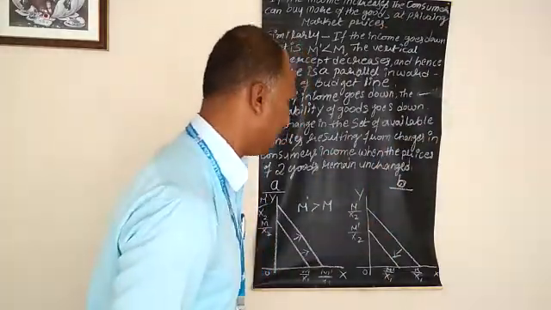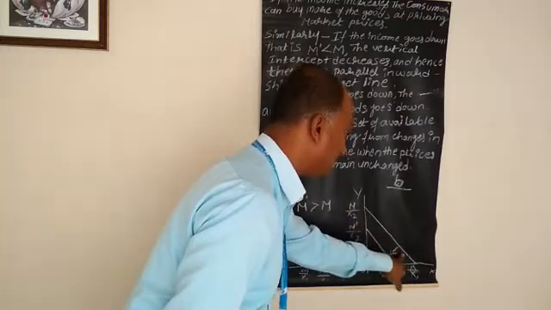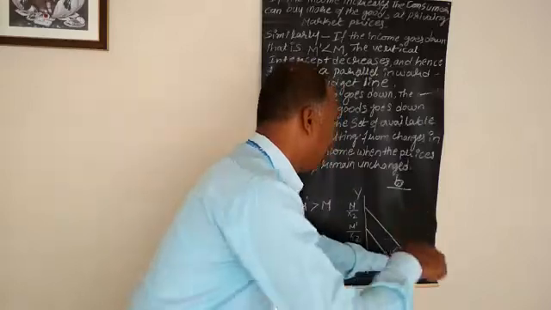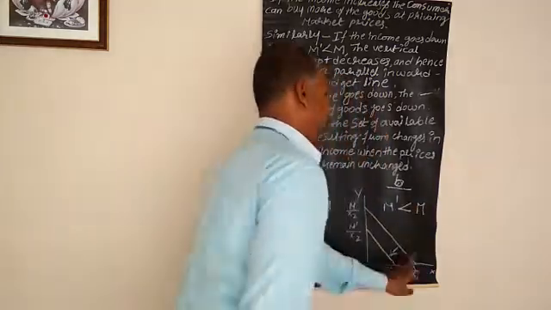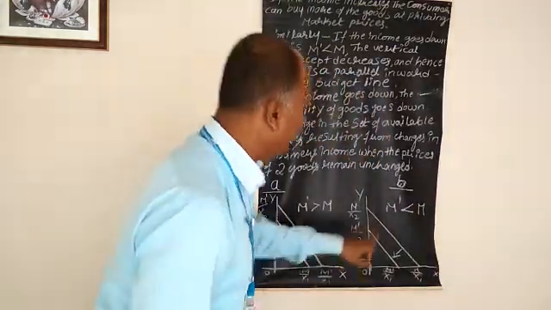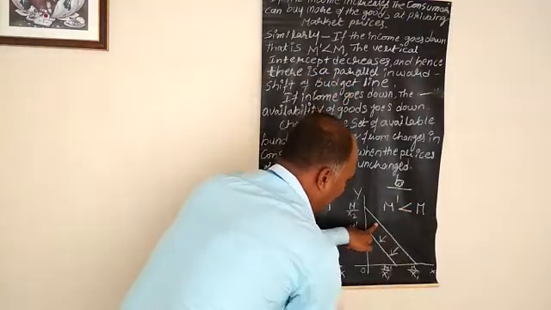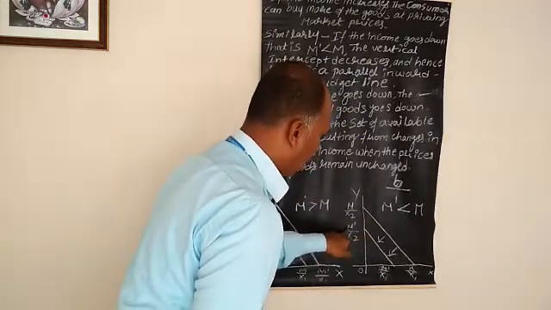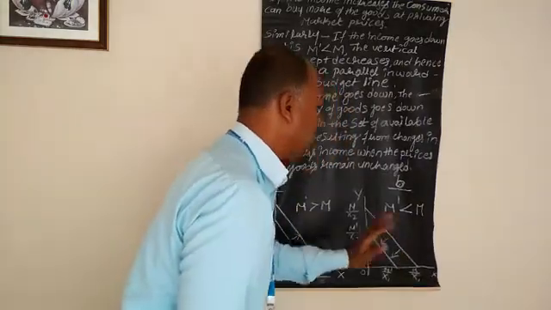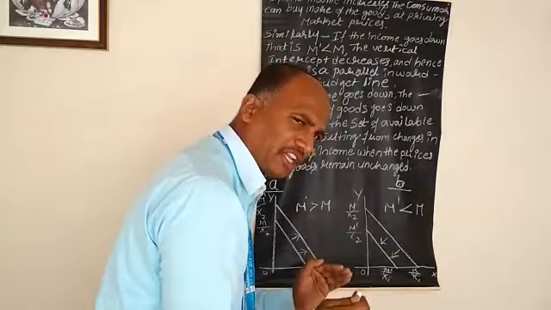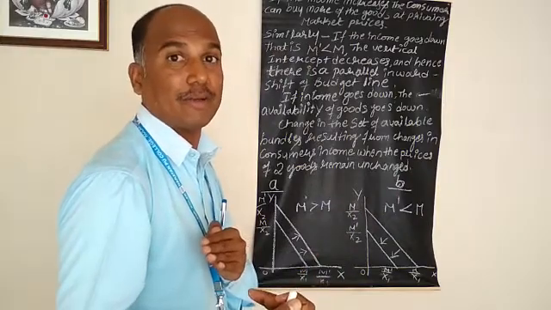Here, when the income of the consumer is M, this is the budget line. When income decreases, the changed income M dot is less than the previous income M, and the budget line shifts inward, from right to left, with intercepts M dot divided by P2 and M dot divided by P1. In this case, the consumer has less purchasing capacity and can buy fewer goods and services at prevailing market prices.